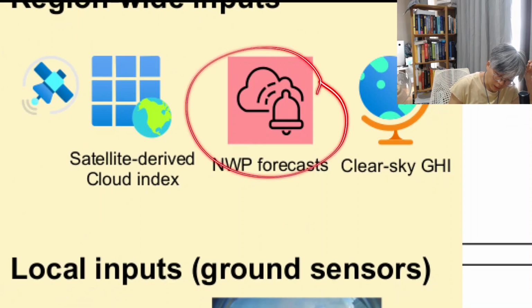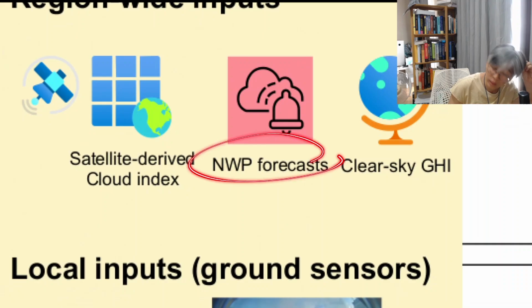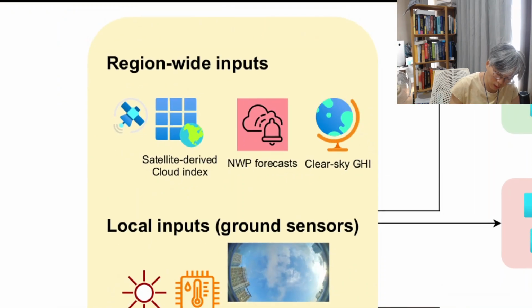We have the NWP forecast, the weather forecast that I mentioned, which provides you a global model. Again, you just subscribe to the coordinates of your interest. Then the clear sky model, clear sky irradiance, or GHI.